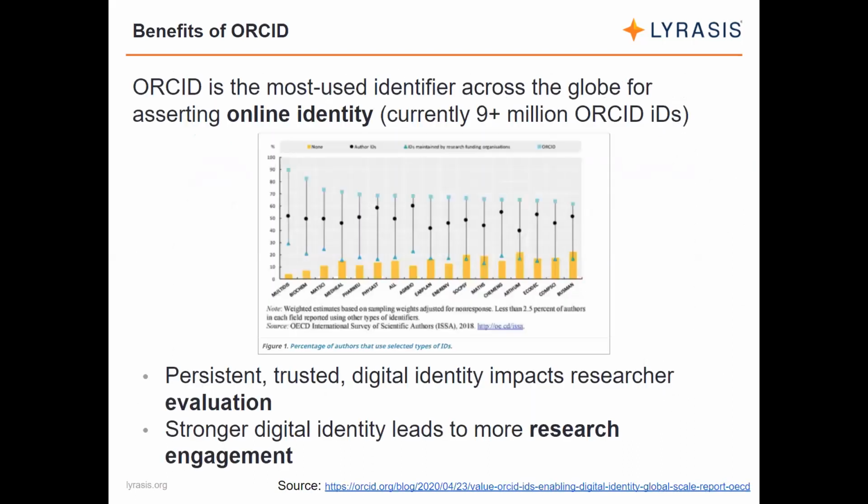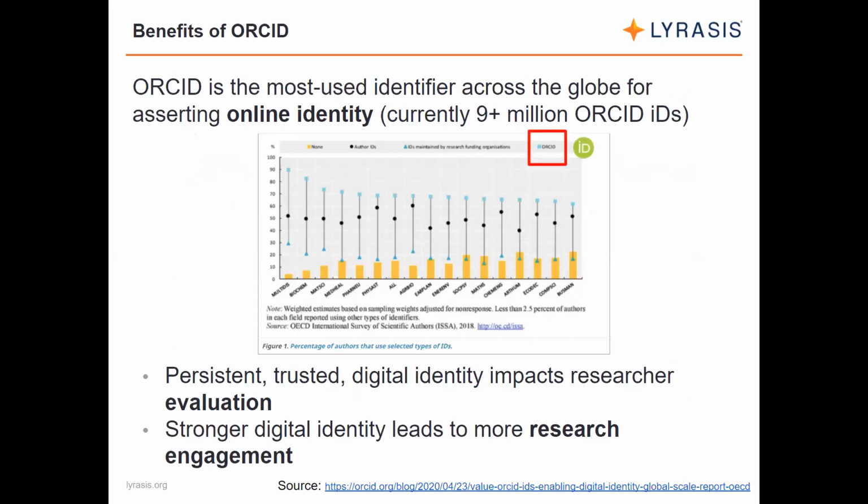And along those lines, just to give you a little additional context, ORCID is currently the most used identifier across the globe for asserting online identity. And as we all know, things are happening online as opposed to in person now more than ever. The chart on the screen illustrates that about 70% of researchers across a variety of disciplines are using an ORCID ID to identify themselves.